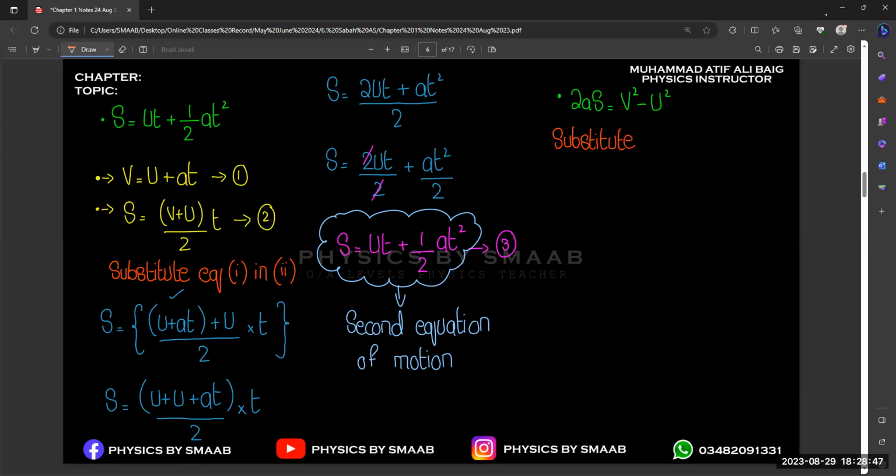If we just simply write it, substitute the value of t from equation 1 in equation number 2.